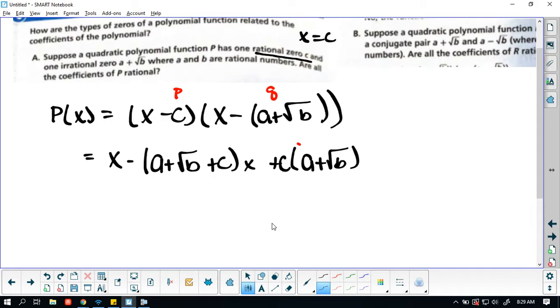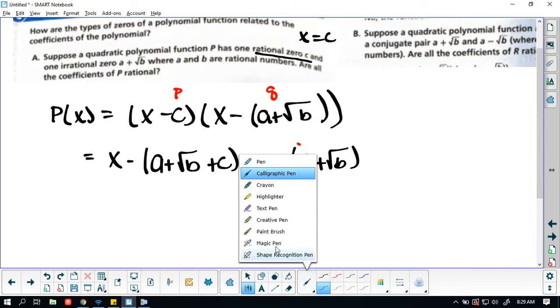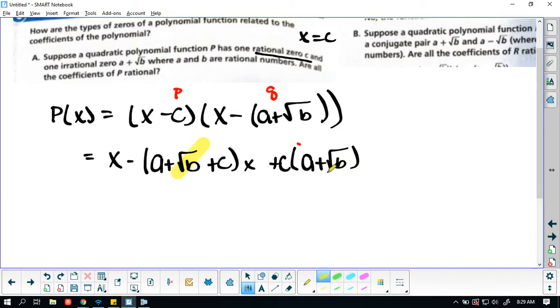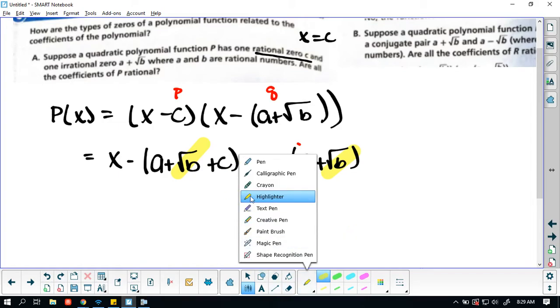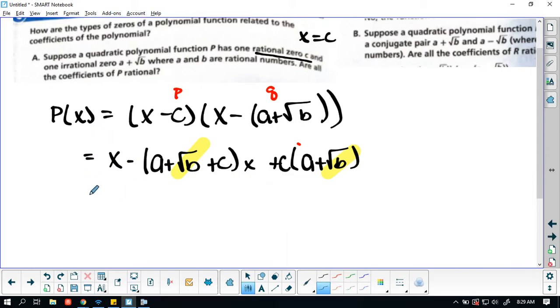So it looks like even after multiplying and adding this out, we still have the irrational values. We still have the root b here, and we still have the root b here. They're not going away. But let's keep trying. Maybe if we keep going, we'll get something. So x minus a minus root b minus c.